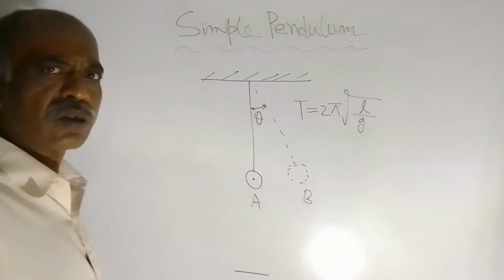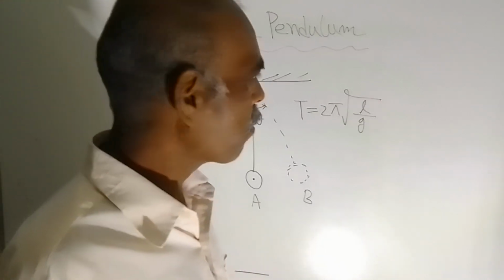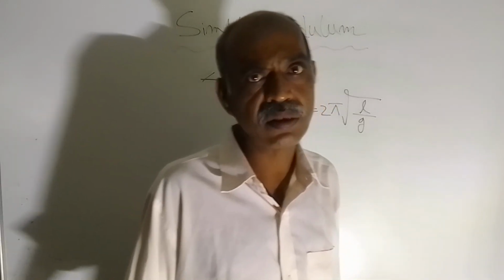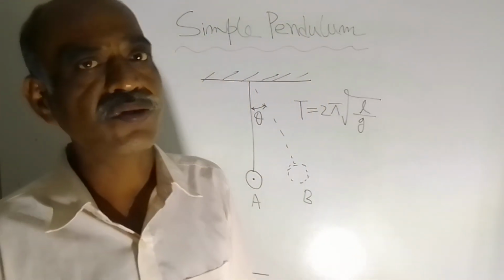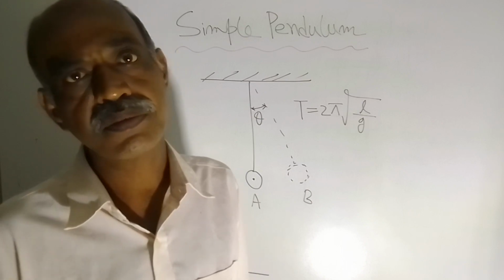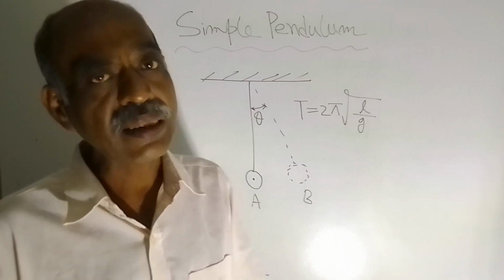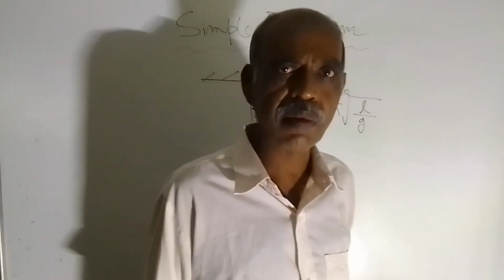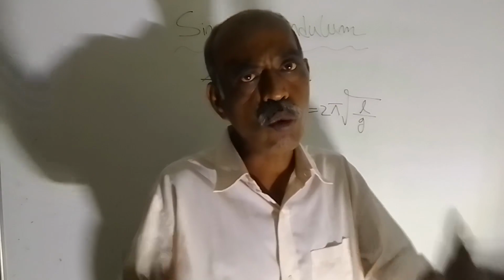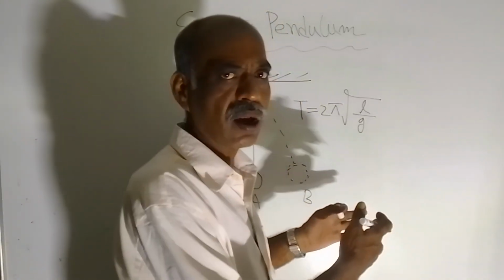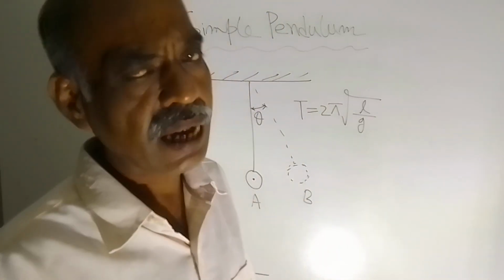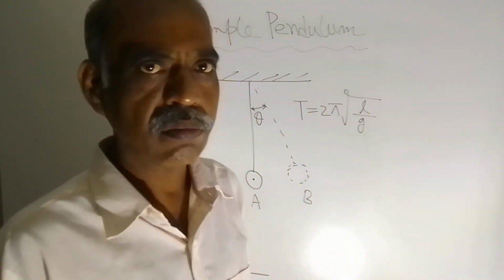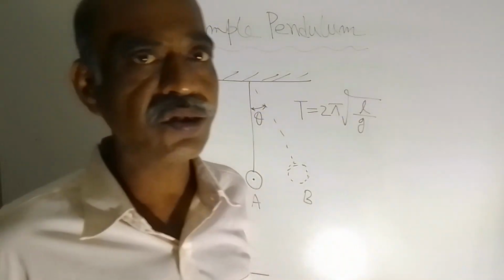But in case of 500 km, for that much length, the weight of the string cannot be neglected. So that also you need to consider, and that will no longer remain a simple pendulum. So there is no question of applying this formula for that type of pendulum. That pendulum is not a simple pendulum in case of such a large length.